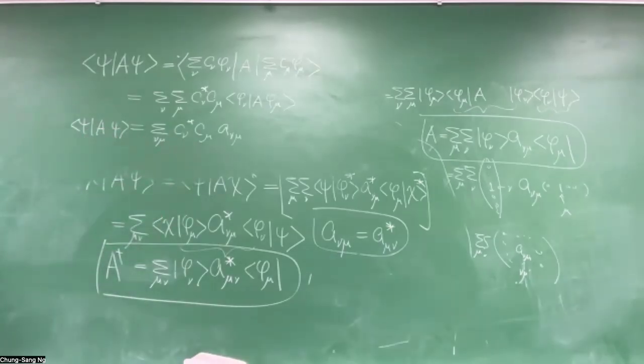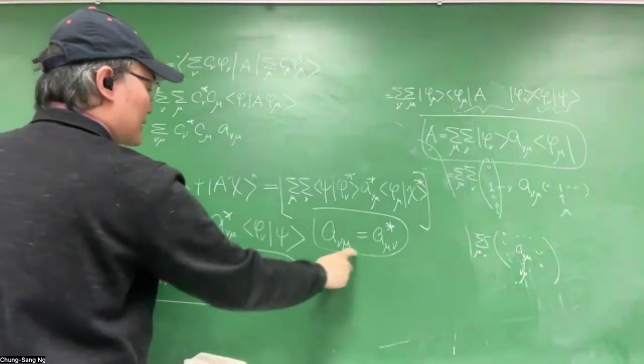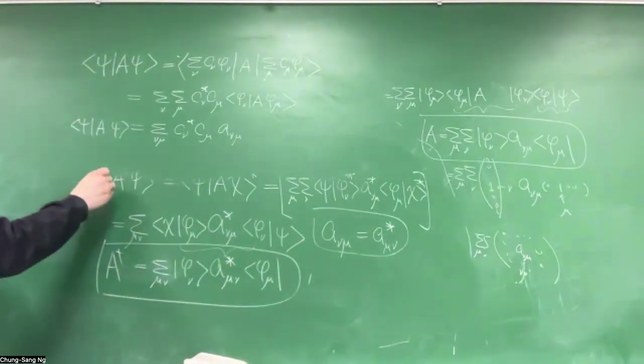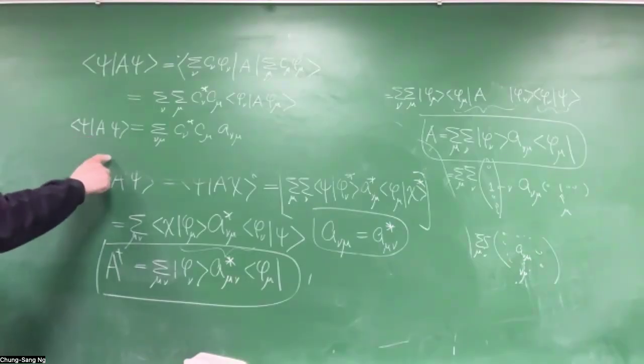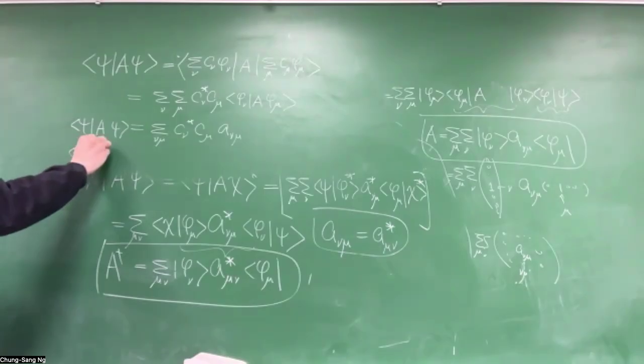All right. Now we want to see that this actually is a real number, and the property of a Hermitian matrix is that they satisfy this one. So to see whether it's a real number, we can check the complex conjugate of this one.